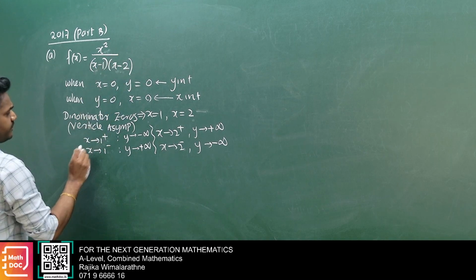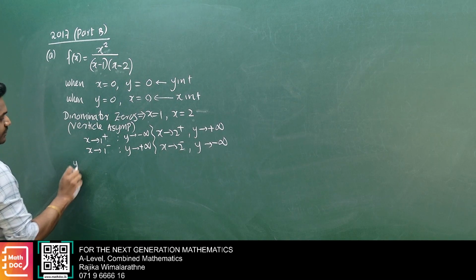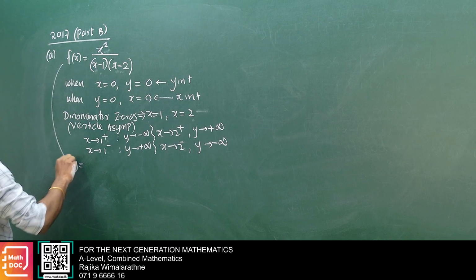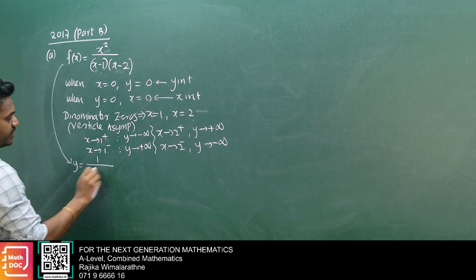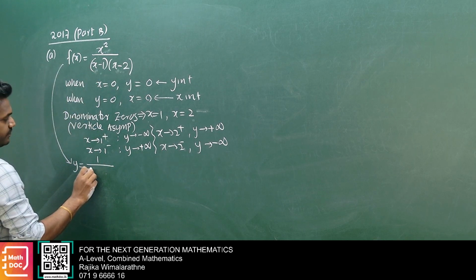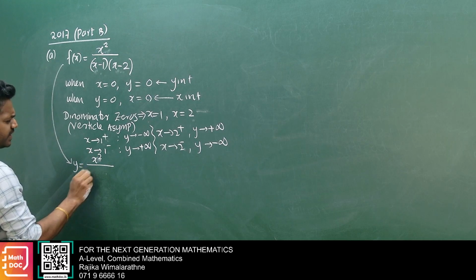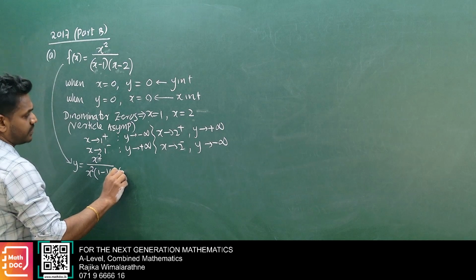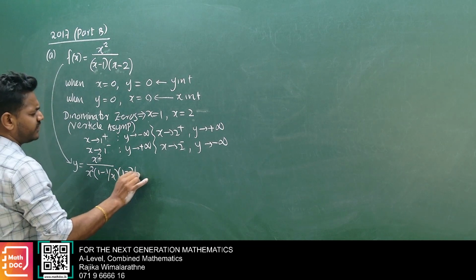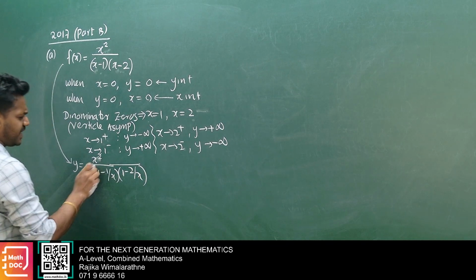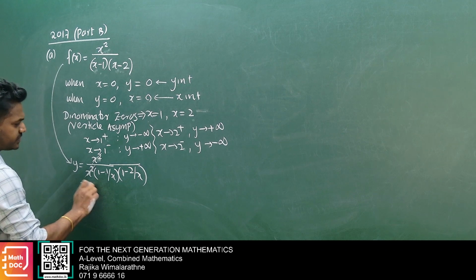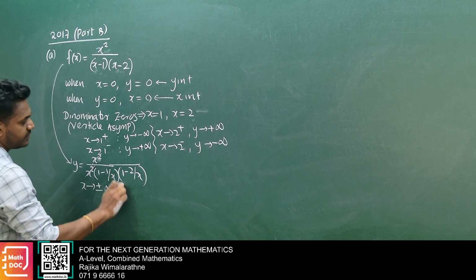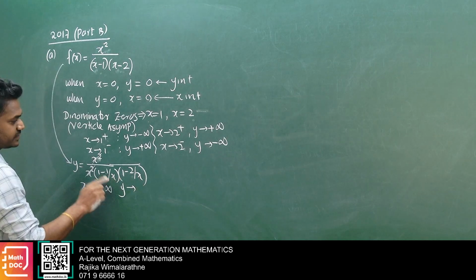Then you check y equal 1 over, here x square, no? Take x square outside: 1 over (1 over x)(1 minus 2 over x). Then cancel. Then x goes to plus or minus infinity, y tendency: 0, 0, 1.